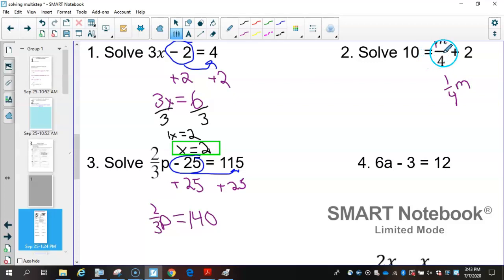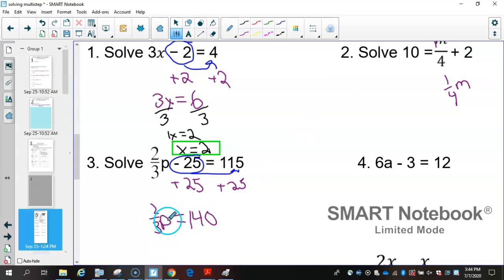In this example, I'm going to give you guys a hint. Since m is being divided by 4, the inverse operation for that is multiplication. So you could do the same thing here.